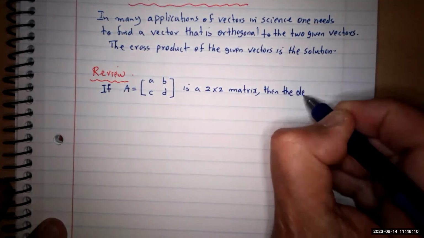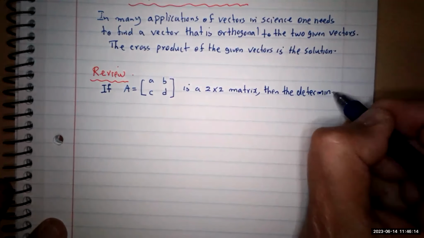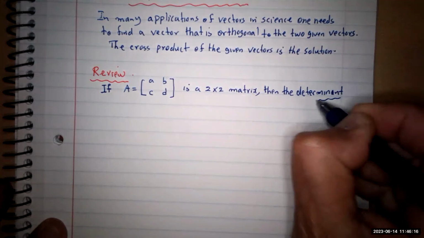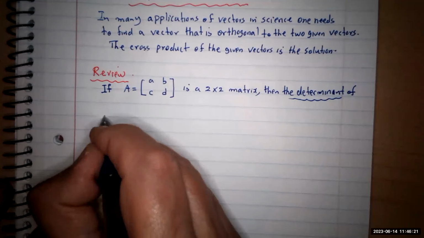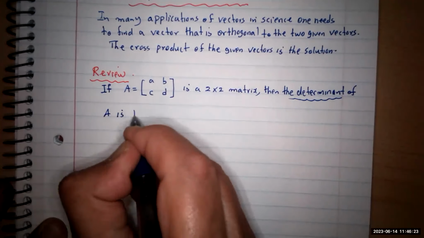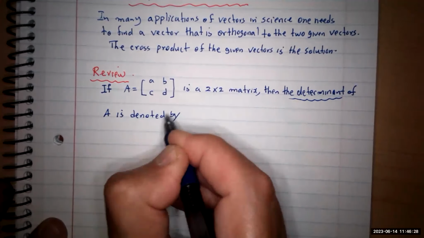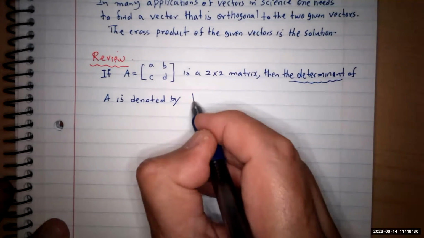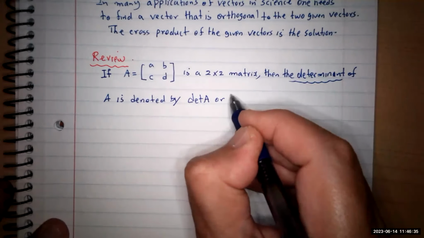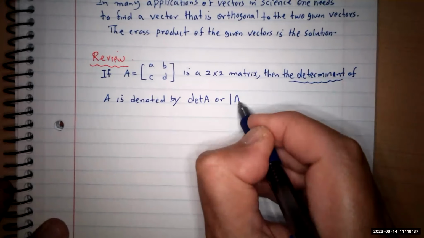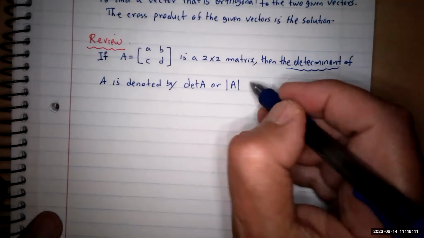The determinant of A is denoted by det A, one notation. The other one is like the absolute value notation. We use both of them.